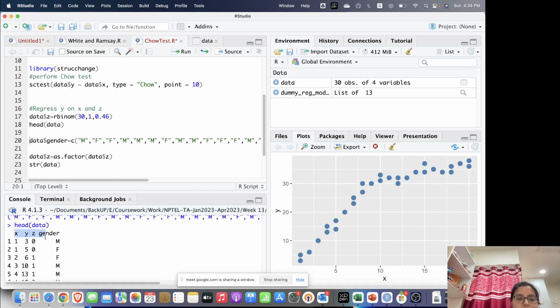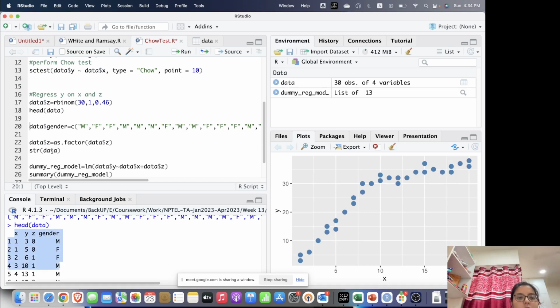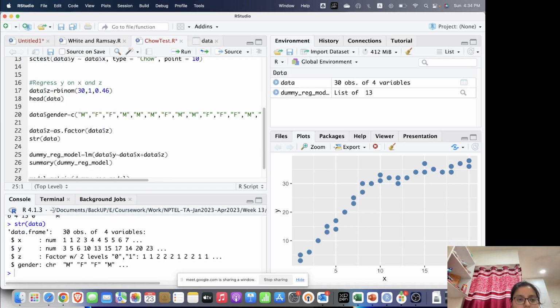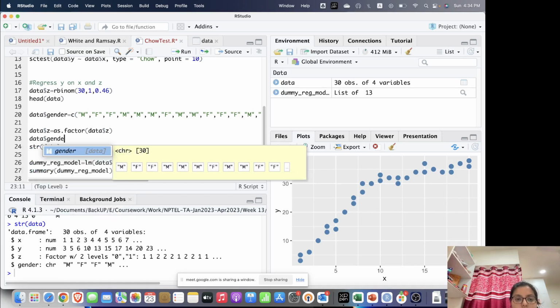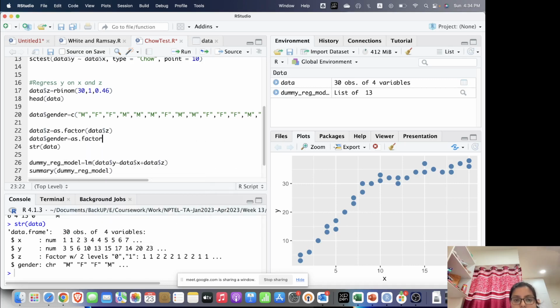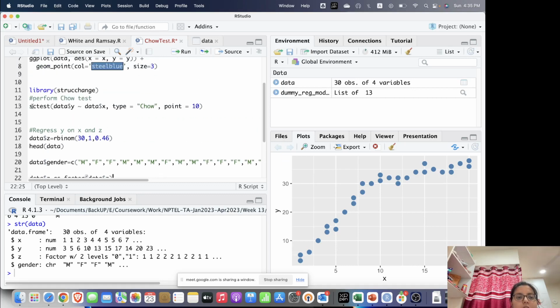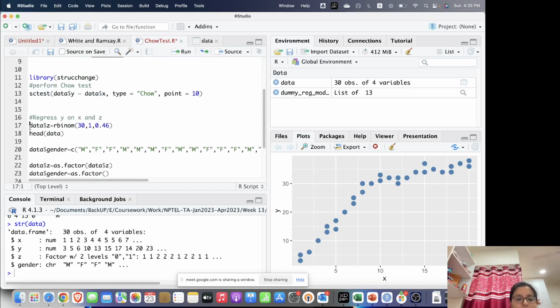Now my data set has x, y, z and gender. If I look at the structure of gender, I'll enforce data.gender equal to as.factor. Okay, let me do one thing. Instead of this z variable, let me introduce something else: income, let's say, with low, medium, high.